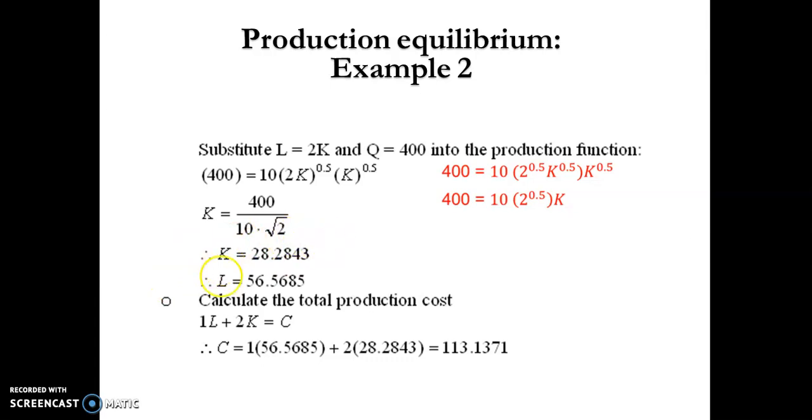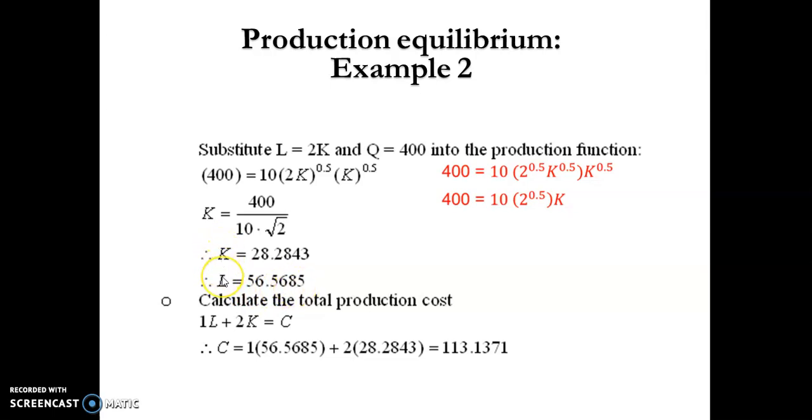So now you have k, and now because you have k, you can substitute it in over there to determine L. So L is going to be equal to 2 times what you have for K. So L is equal to 56.5685.